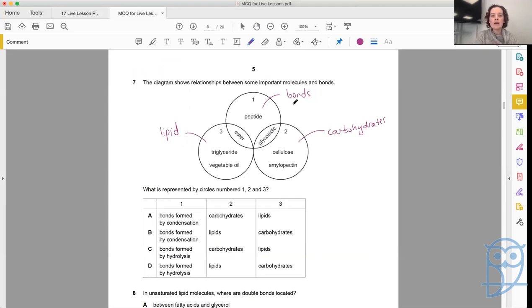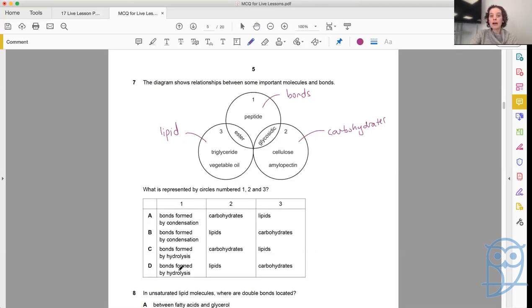Now remember and make note that I've done all of this before I've even looked at what's coming next. I want to make sure that I understand the information that I'm given in the question. What is represented by circles numbered 1, 2, and 3? And then we've got lots of different options in here. We've got lipids and carbohydrates, and then bonds formed by condensation and bonds formed by hydrolysis. And we're thinking, no, that's a silly question. Bonds are formed by condensation.